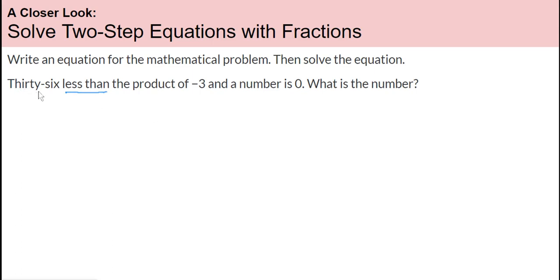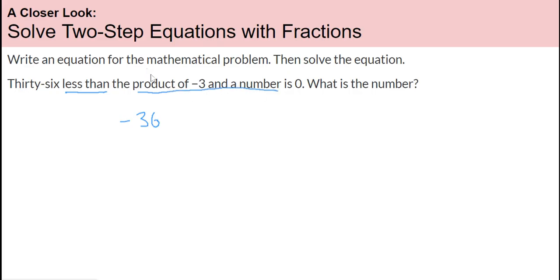It's like saying 36 less than, so it's like saying I have something and I'm going to take 36 away from it. So the minus 36 should really come second. And it says the product of -3 and a number. So it's 36 less than this, -3 and a number.